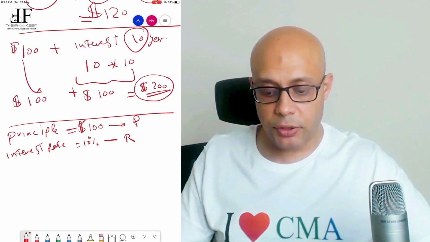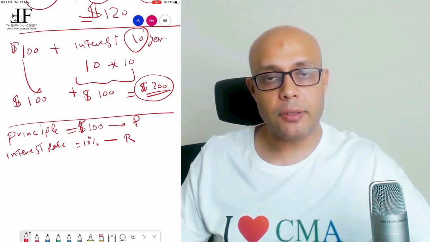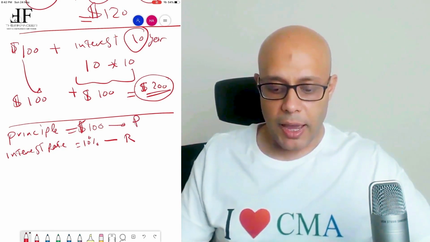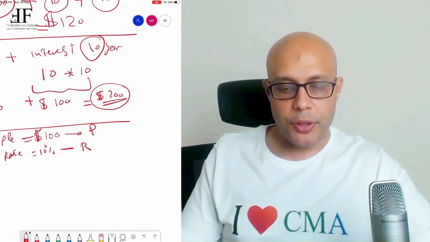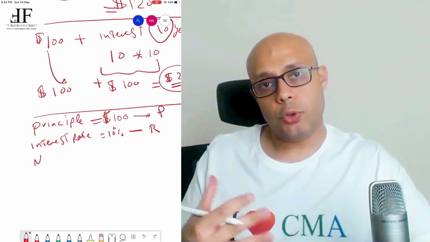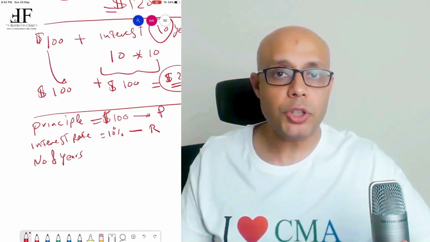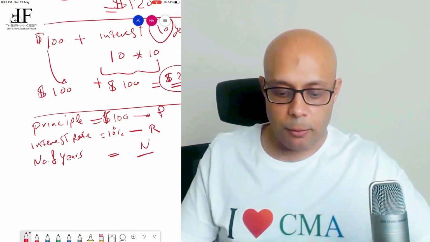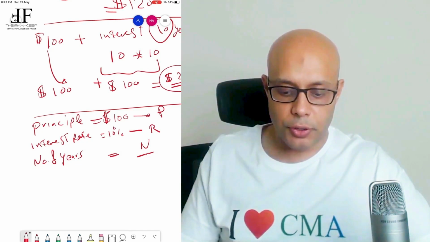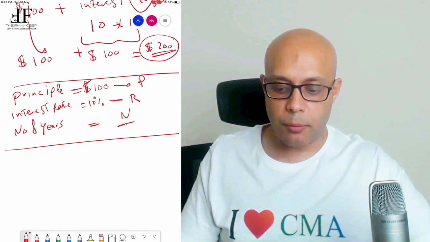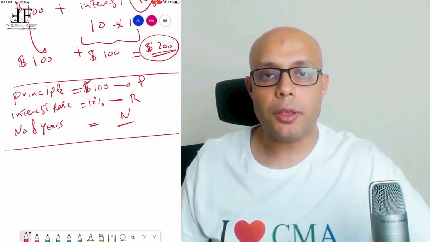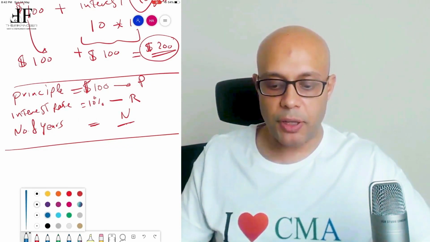I'm going to refer to this interest rate by R. For the principal, I'm going to refer to it as P. And for the number of years, whether you deposited your investment in your account for 1 year or 2 years or 10 years, I'm going to refer to it by N. So these are the three terms that we have just explained in our example.